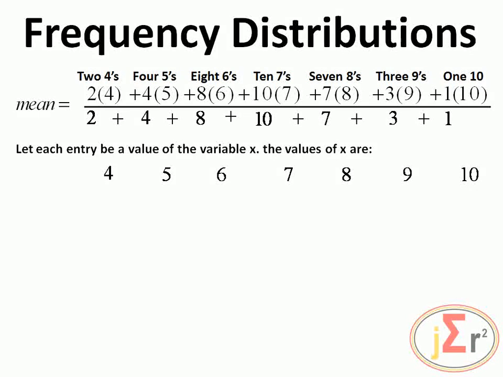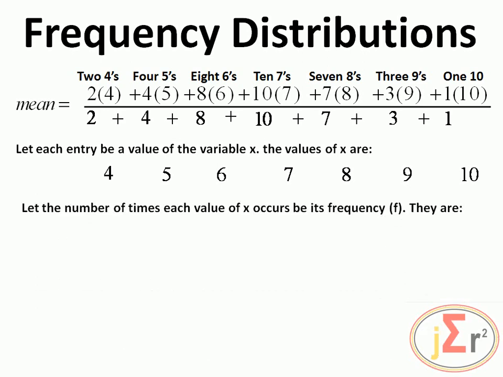And of course, we know that we don't have to repeat them because we have their frequencies. So let the number of times each value of x occurs be its frequency, f. So let's repeat that. The number of times that each entry occurs is its frequency. And how many 4s do we have? 2.